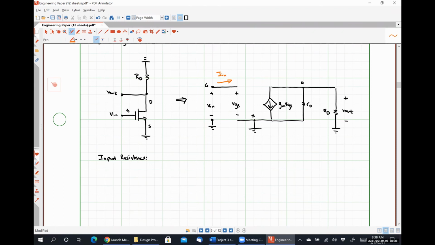So, right, that's the current flowing into my input terminal, and you're absolutely correct that my input resistance Rin will simply be the ratio of Vin divided by the current I have labeled as Iin. What is that going to be? So what is, let's see. 0.